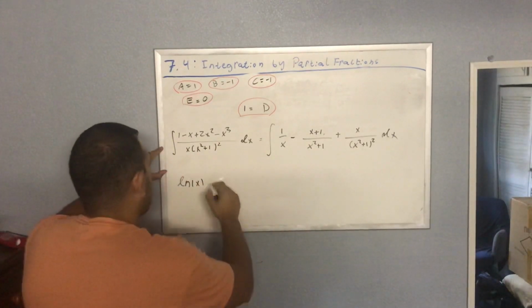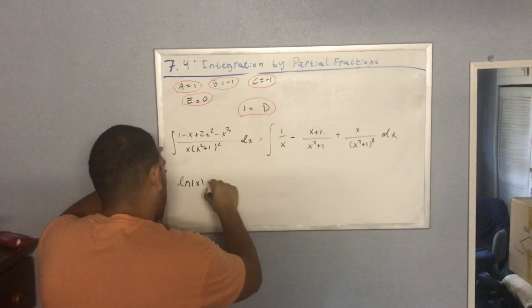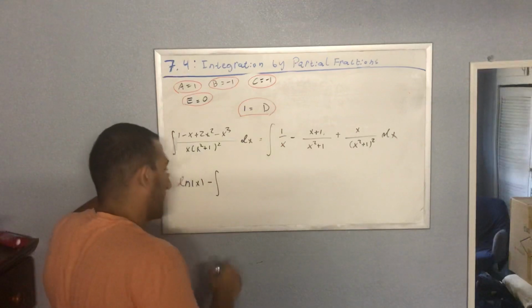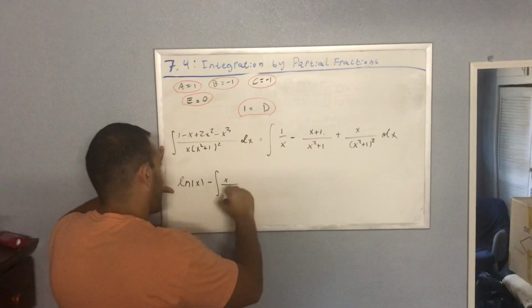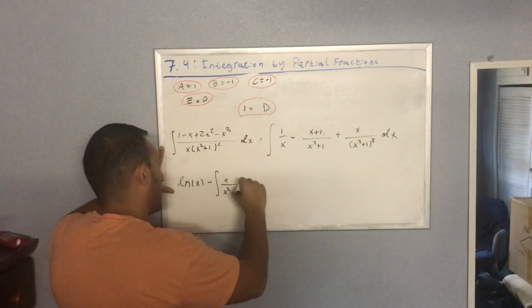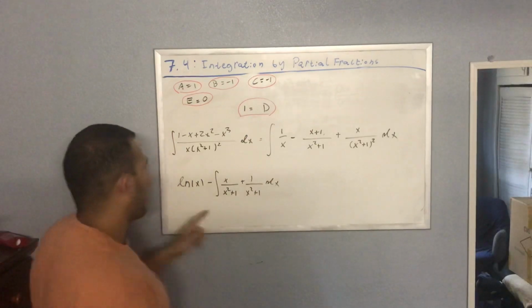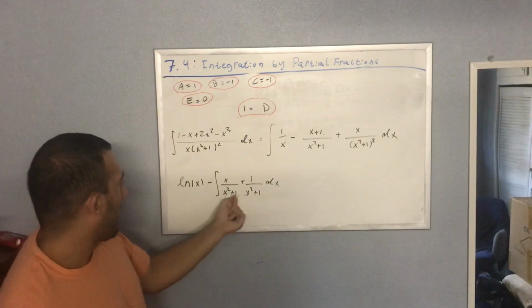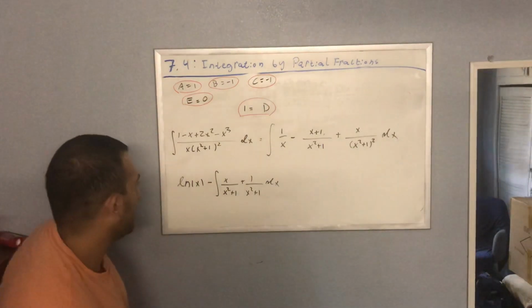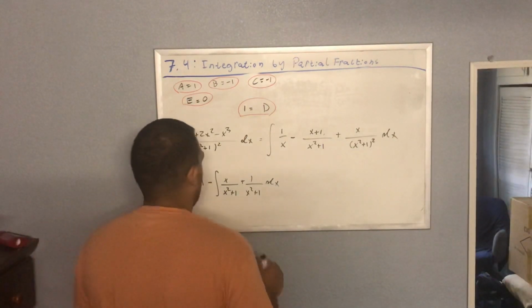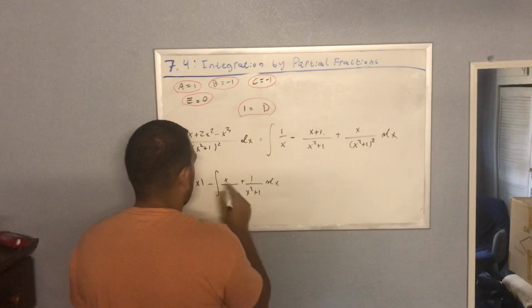So then this breaks up into two pieces. So we have minus the integral of x over x squared plus 1 over x squared plus 1. Remember that these two add back up to that. So we're splitting it up just like last time. And then this minus sign technically goes to both, so that's a minus here.